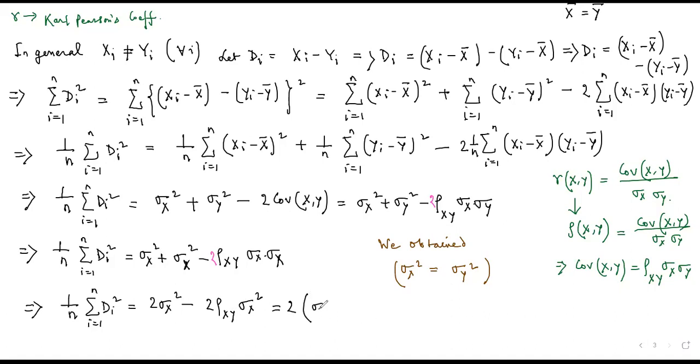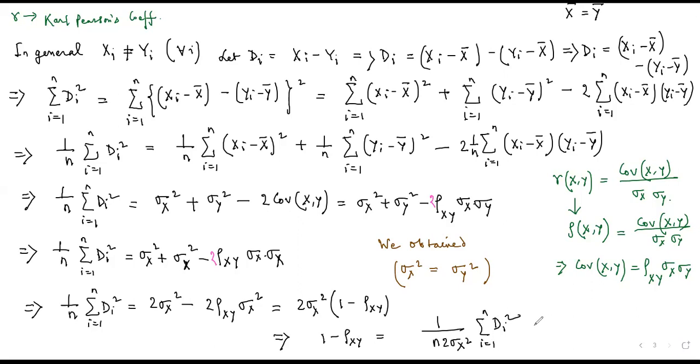We can take 2 sigma x squared common. So we can write 2 sigma x squared into 1 minus rho xy, which is equal to 1 by n summation di squared. So this implies 1 minus rho xy is 1 by n 2 sigma x squared summation i goes from 1 to n di squared.